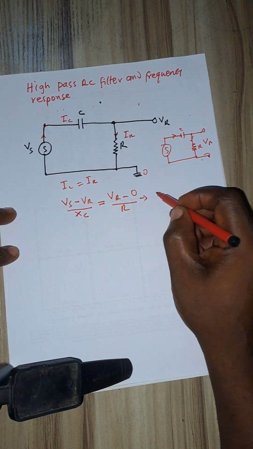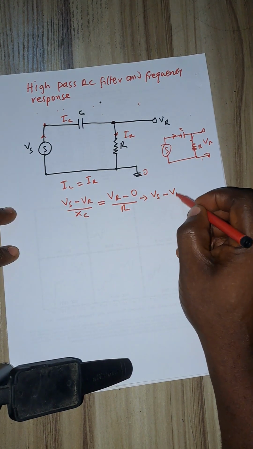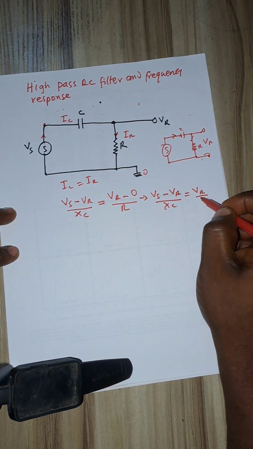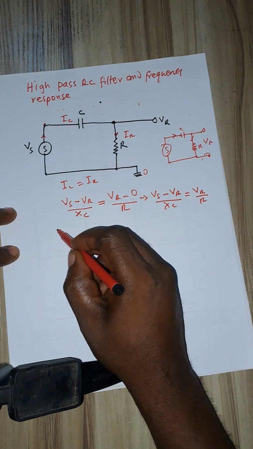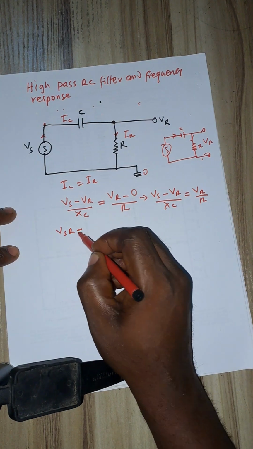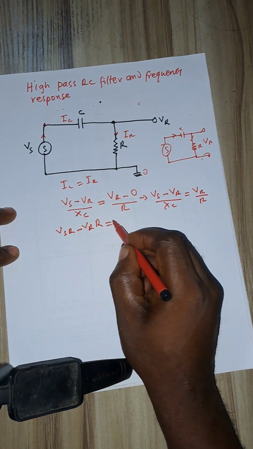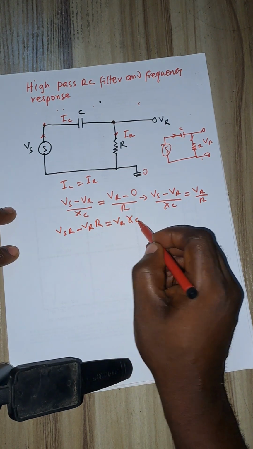So we have Vs minus VR over XC equals VR over R. So we have Vs R minus VR R equals VR XC.